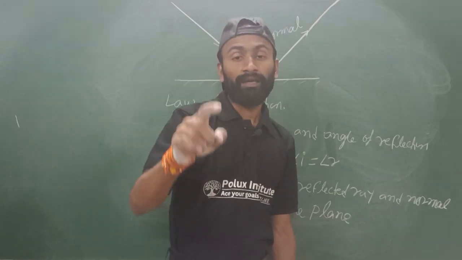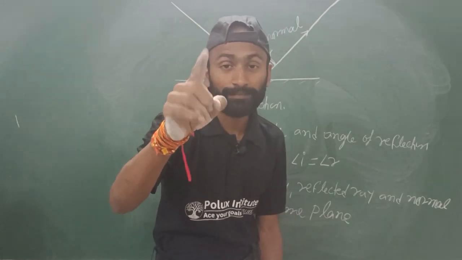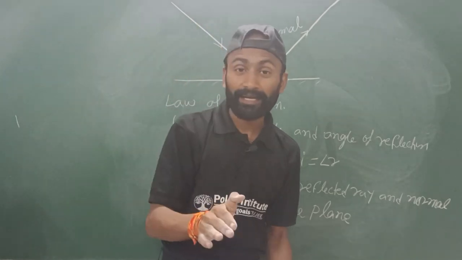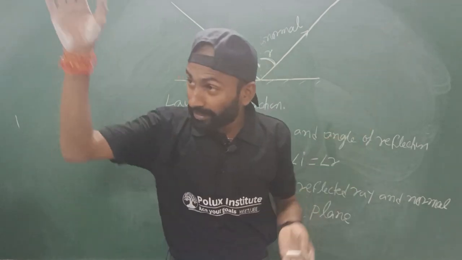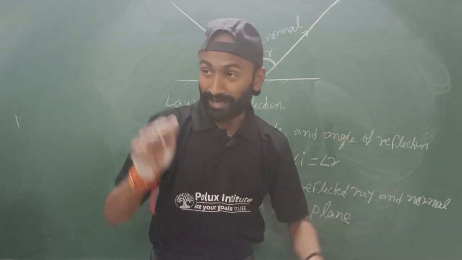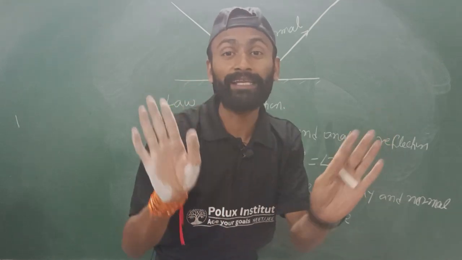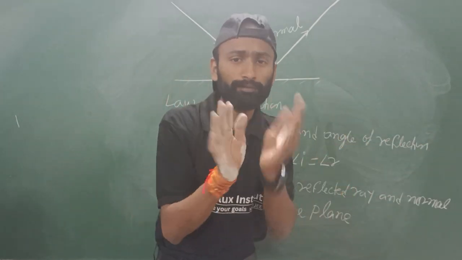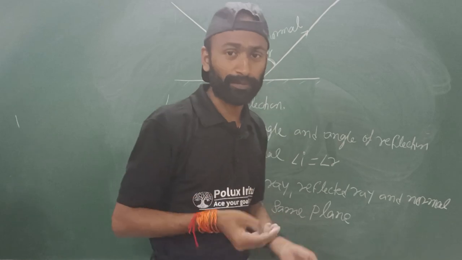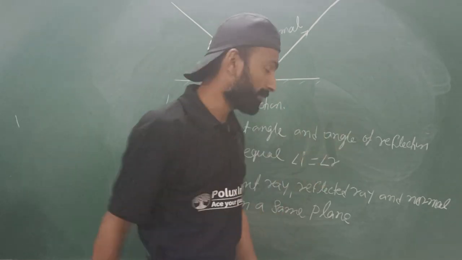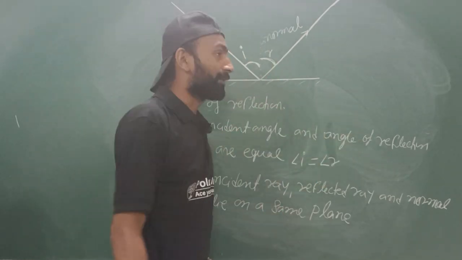Law of reflection, in a simple way you can say, coming angle equal to going angle, and coming ray, going ray, and normal in the same plane, same plane, not plate. A plate is for eating supper.